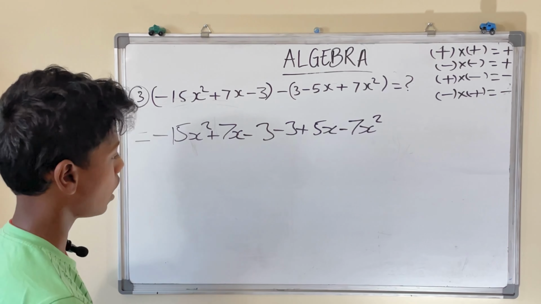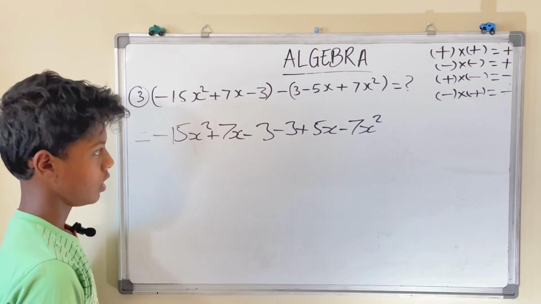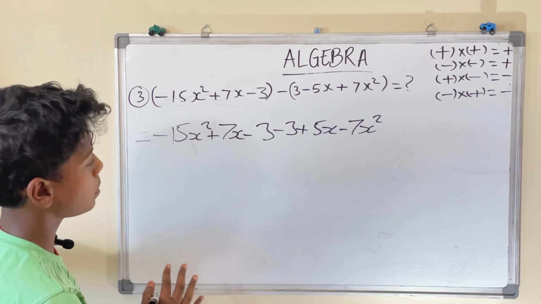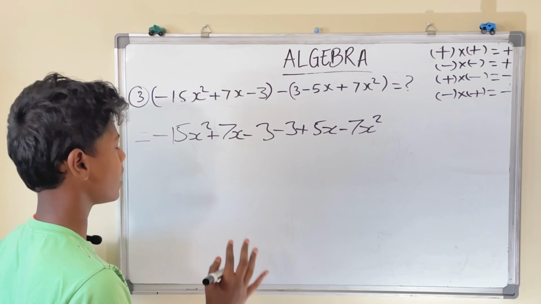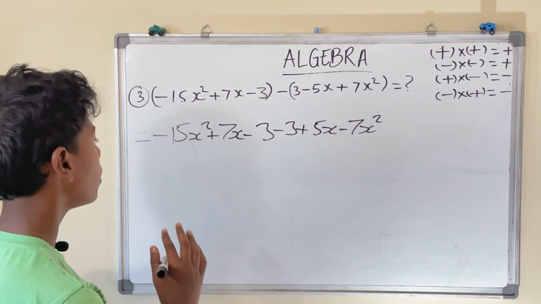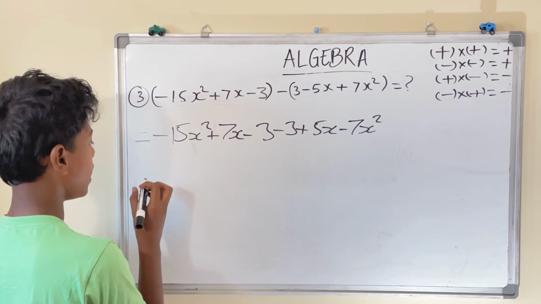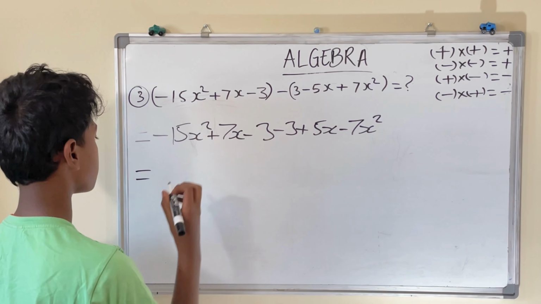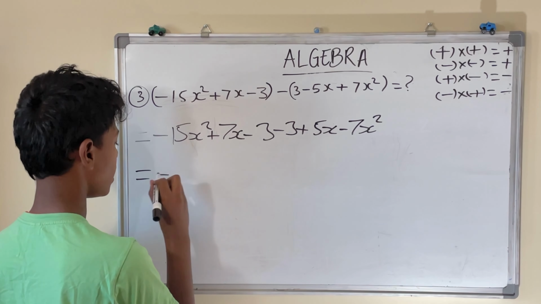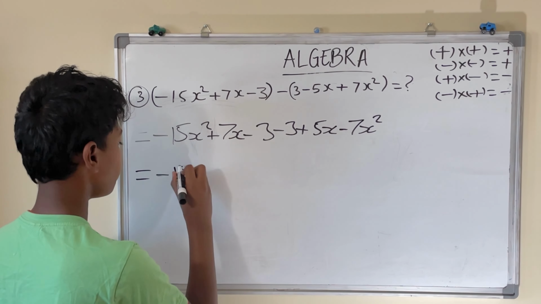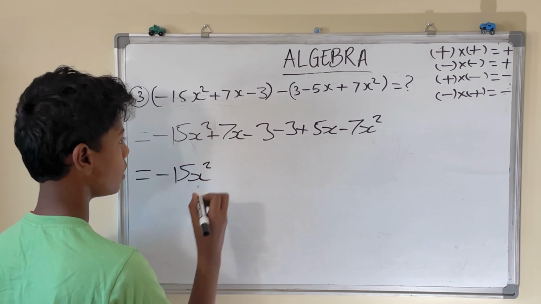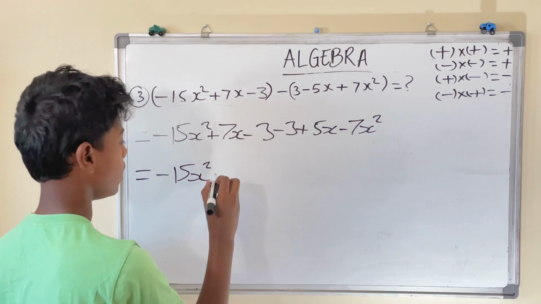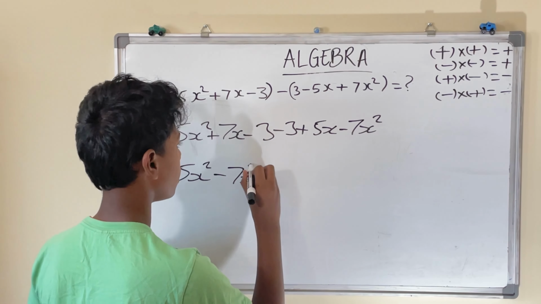Now we're going to simplify this. First of all, let's reorder this because we just have a jumbled up mess of numbers. We're going to put our squares first, then x's, and then numbers. So negative 15x squared, we're going to rewrite that. Negative 15x squared, and then we have minus 7x squared.